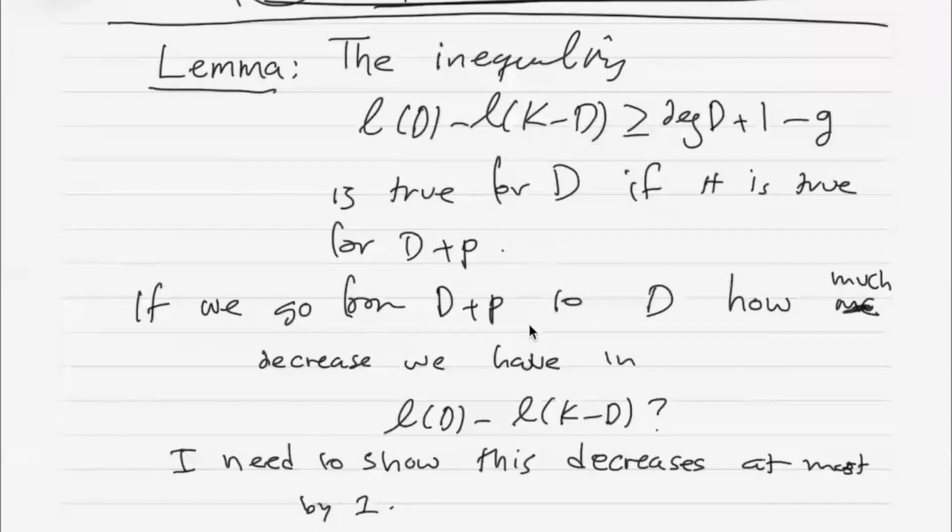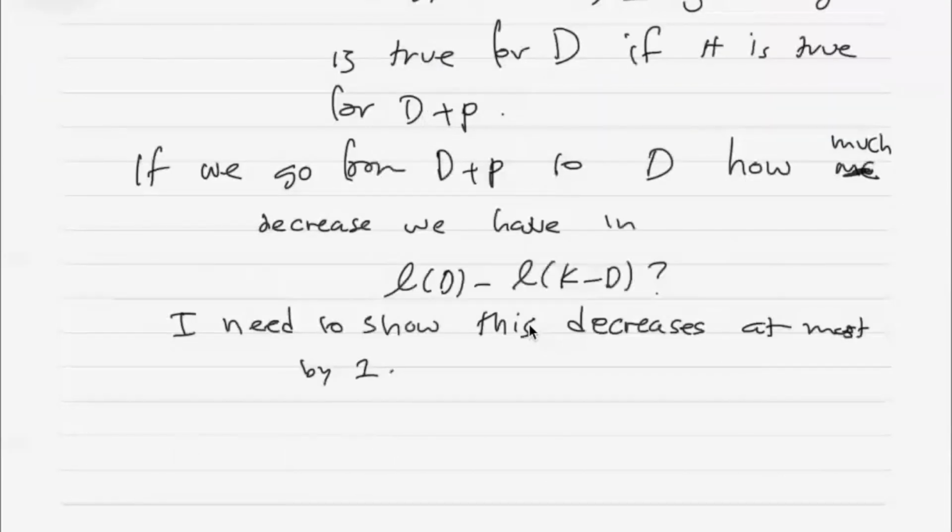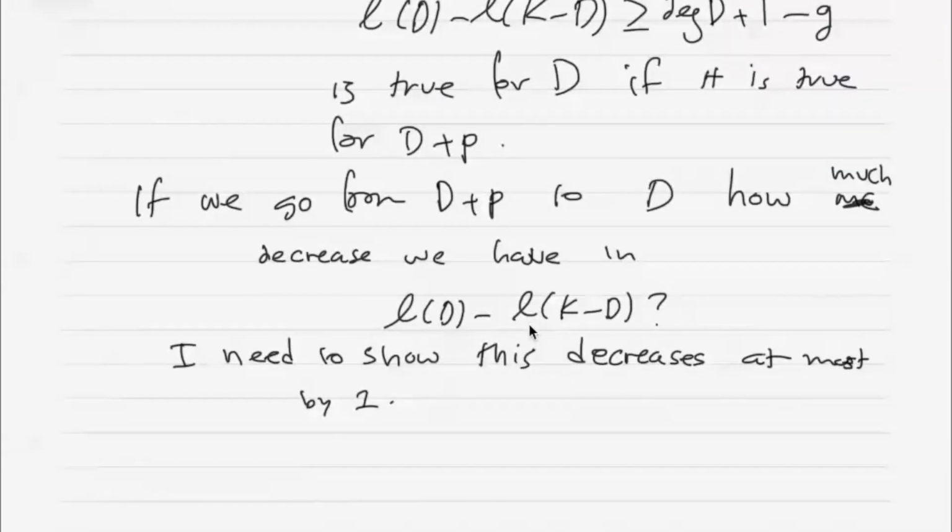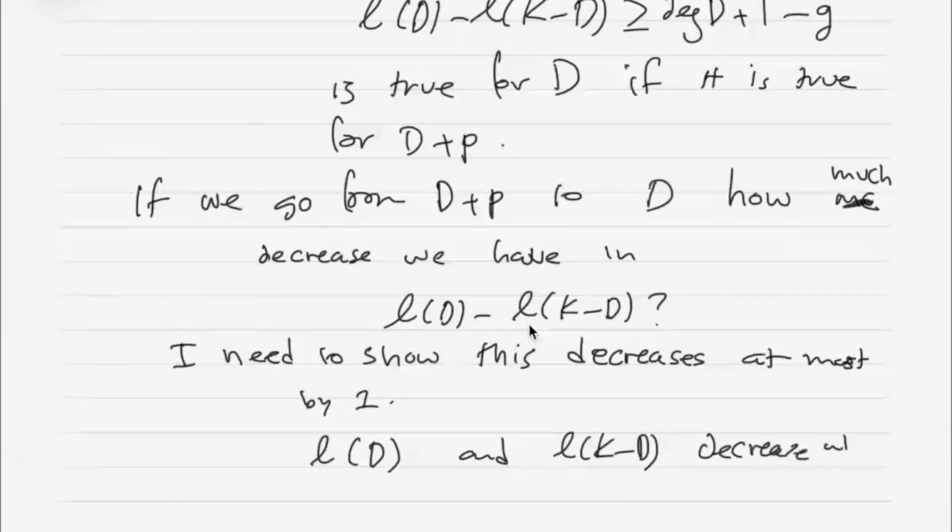And if the left-hand side decreases at most 1, then of course the inequality remains true. So what do we know about these numbers L of D and L of K minus D? We know that L of D and L of K minus D decrease at most by 1.